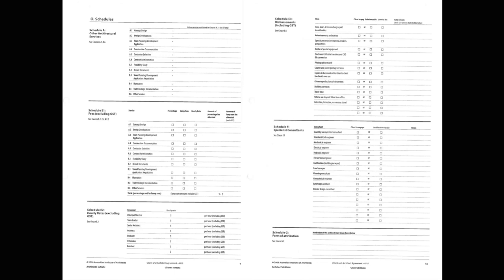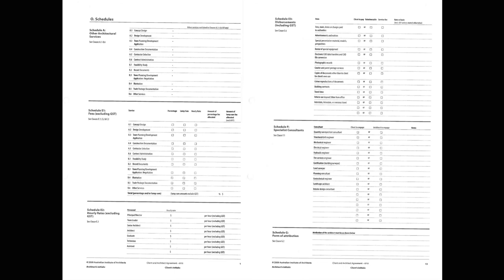So if the budget goes up through decisions not of the architect, then obviously the amount of work needed to execute the project, to prepare the drawings and the design, will also go up. Therefore, a percentage is probably the fairest way of doing it.